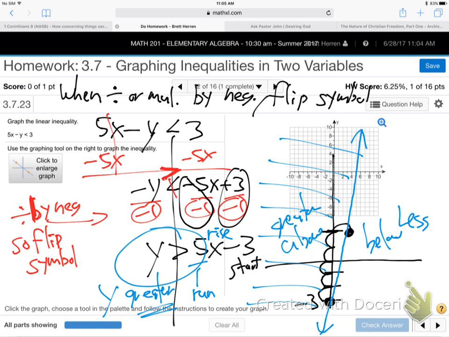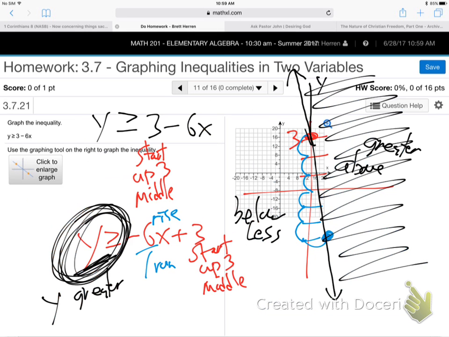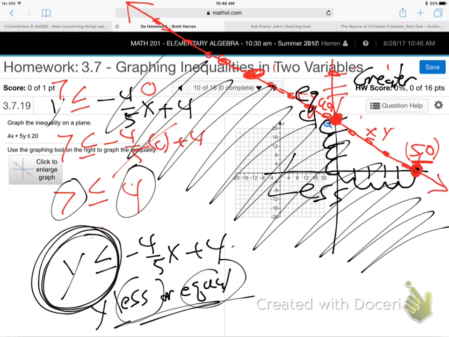Why? Because they don't want the line. How do I know? They're not saying equals. They're just saying greater. Let me go back to the last problem. See the last one, they said greater or equal, remember? And go back to the first one even. This one also said less than or equal, right? That's the bottom of an equal sign right here. Less than or equal. Right, well, what's the equal? The equal is right on the line. Remember, the stuff right on the line is equal.